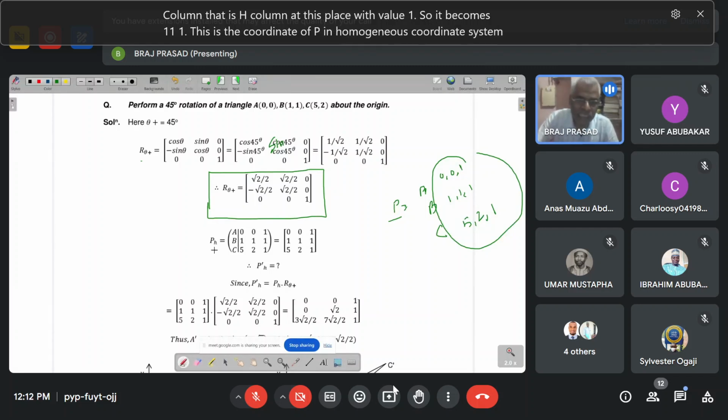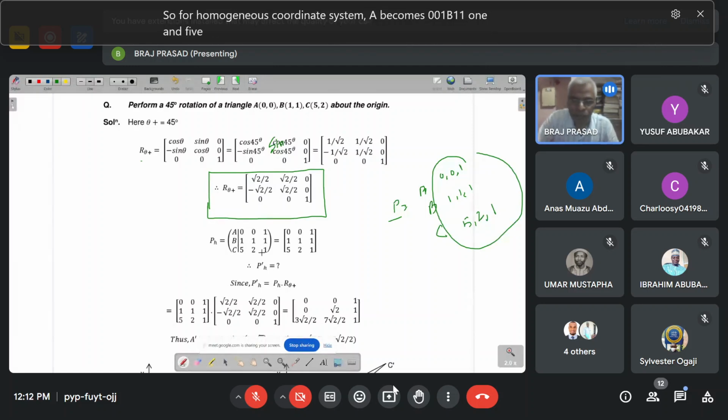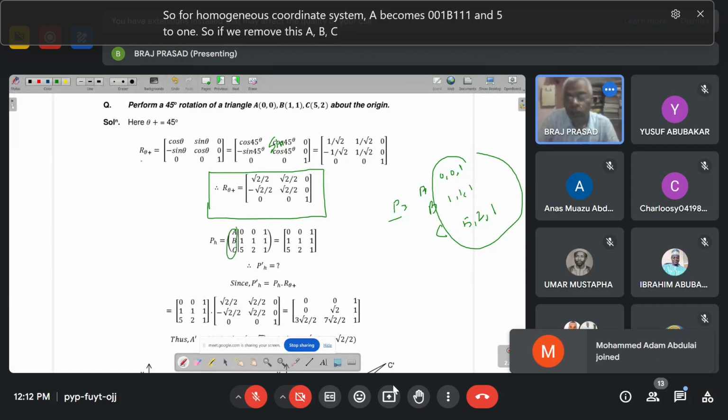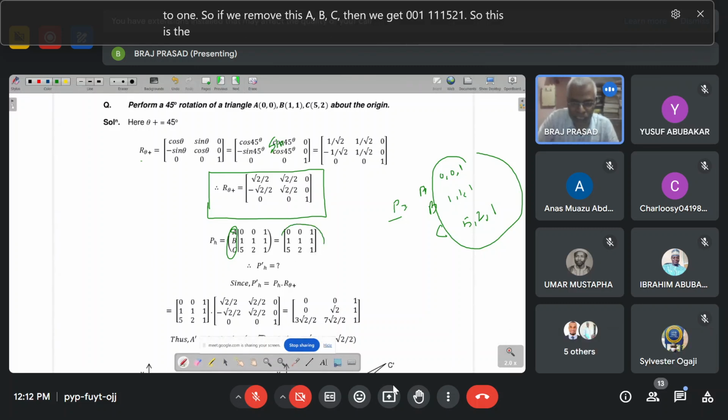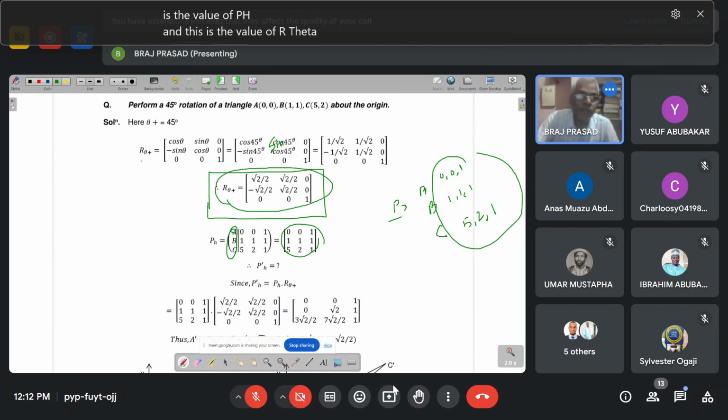So A becomes 0, 0, 1, B is 1, 1, 1, and C is 5, 2, 1. If we remove the labels A, B, C, then we get 0, 0, 1, 1, 1, 1, 5, 2, 1. This is the value of PH, and this is the value of R theta plus.